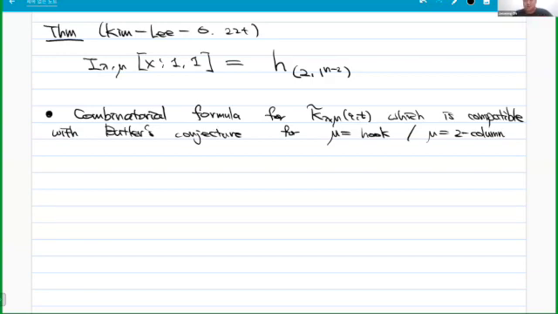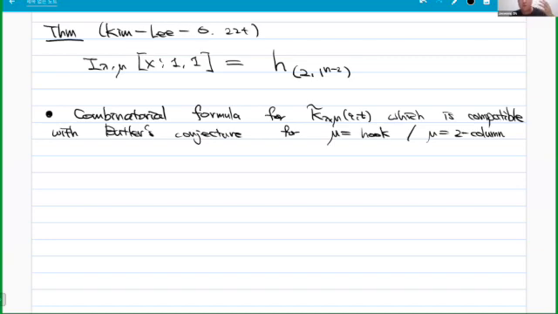I have to mention that for the hook shape, we found the formula of Sami Assaf, and she did not recognize this. Her formula was compatible with Butler's conjecture, and we proved it. So that is our contribution. And for the two-column shape, we found a new formula.